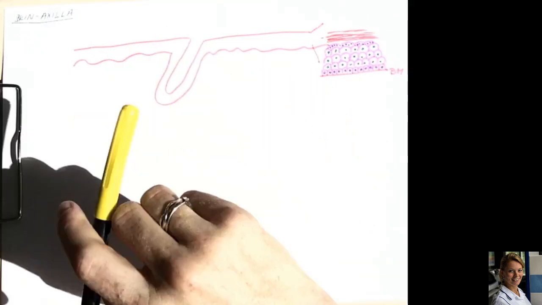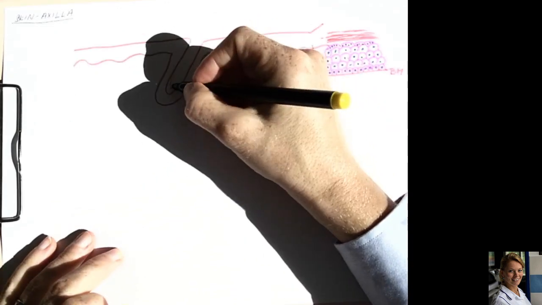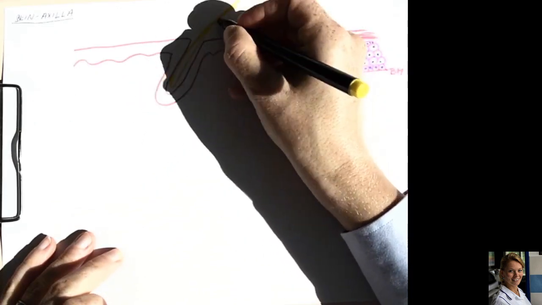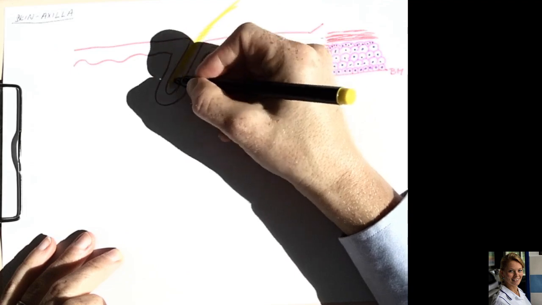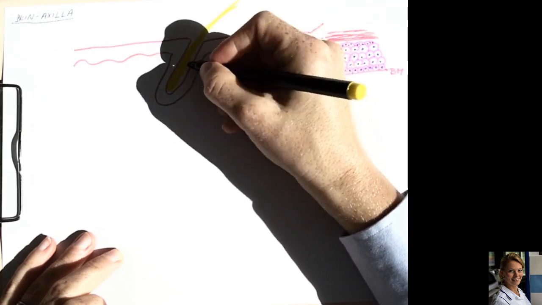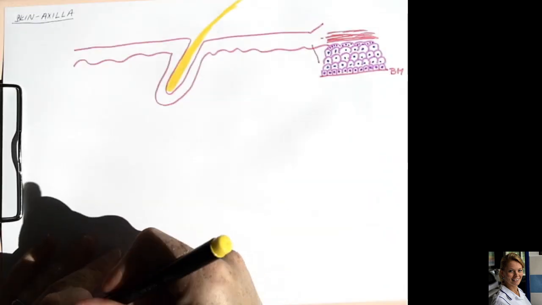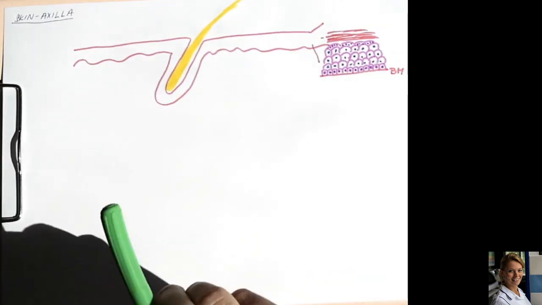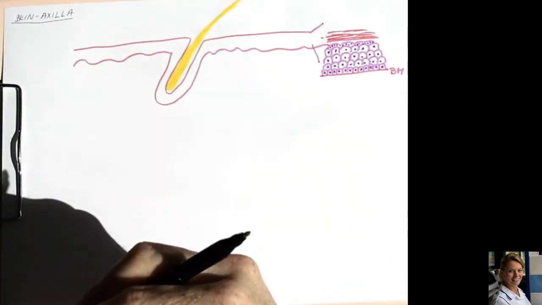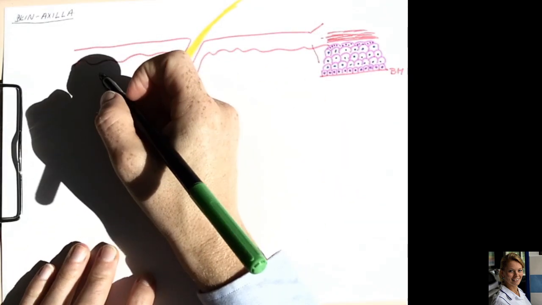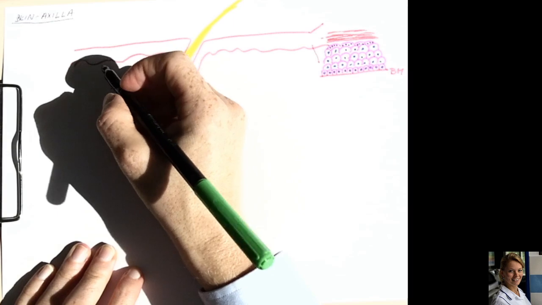Here is a hair follicle and hair which grows from the hair follicle. Below the epidermis is the dermis.